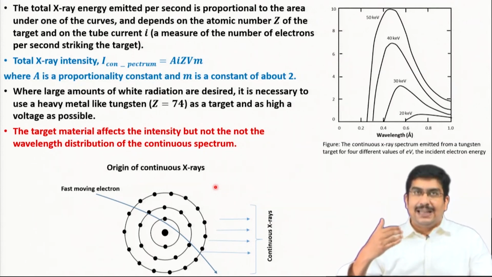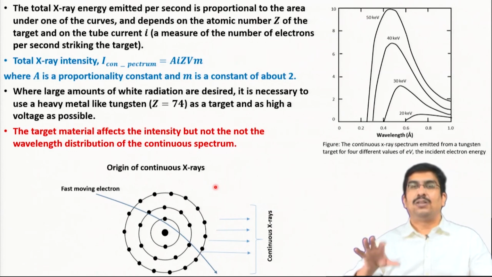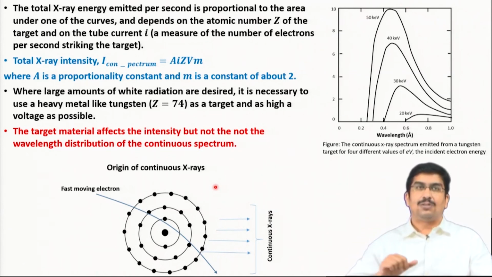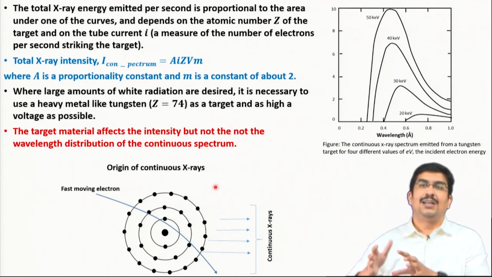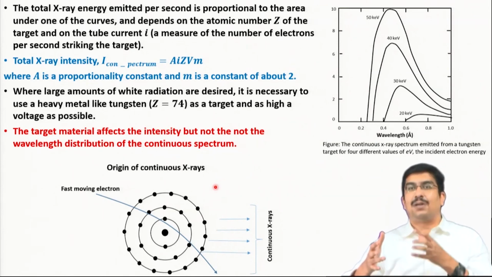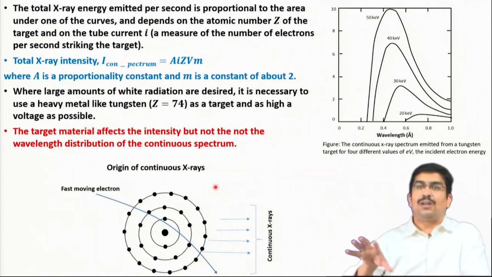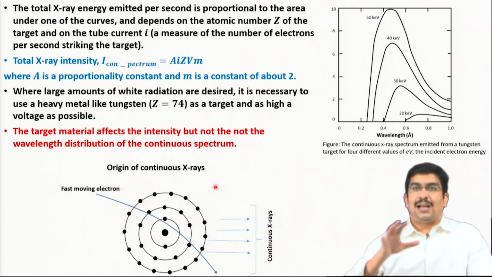So X-ray energy will depend on the atomic number of the target atom because of this. And it will definitely also depend on how many electrons are hitting the target. If we increase the number of electrons in the beam, more and more electrons are hitting the target, and more X-rays will be produced.